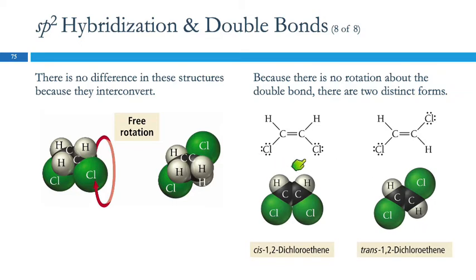But in one of them, both chlorines are on the same side of the double bond, and in the other compound, the chlorines are on opposite sides. And that's going to give them some different properties. They're going to react differently. Their boiling points could be different.